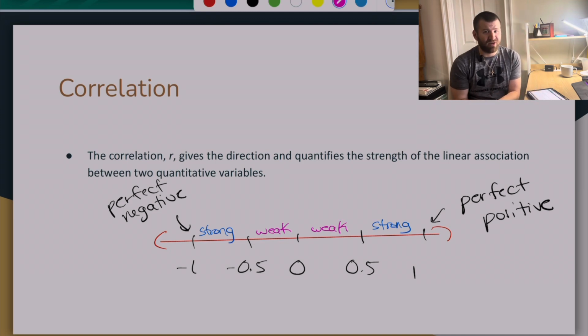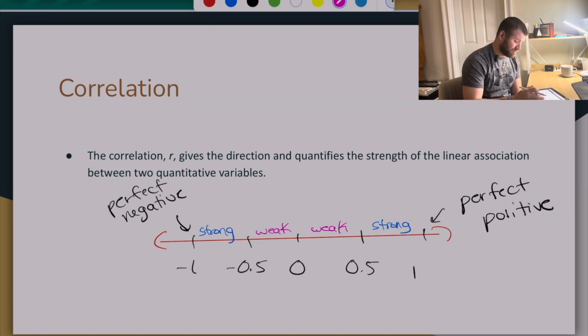Notice there is no moderate. So strong or weak. The closer we get to 0, the weaker it gets. The closer we get to the ends of the number line, the stronger it gets. Now you may be wondering, what if it is exactly 0.5? It won't be exactly 0.5. But if it is, maybe you can call it moderate. Otherwise, we are strong or weak, and that is it.